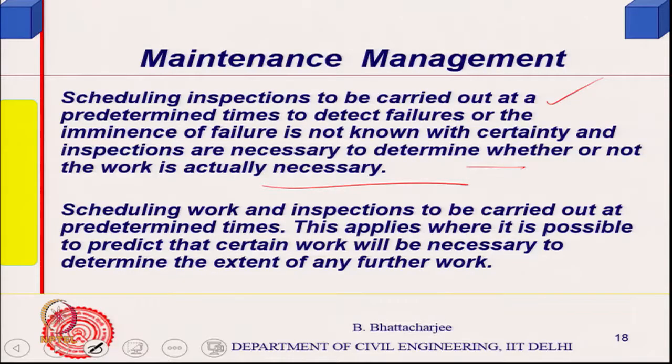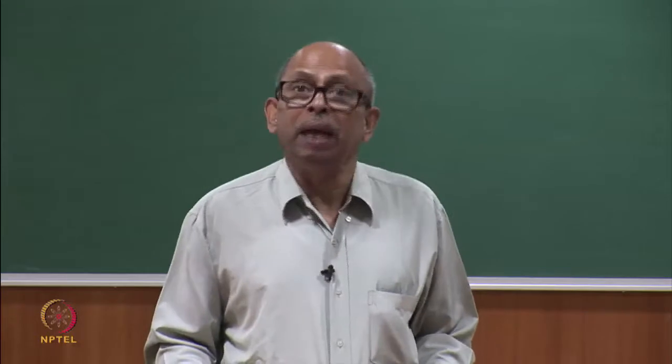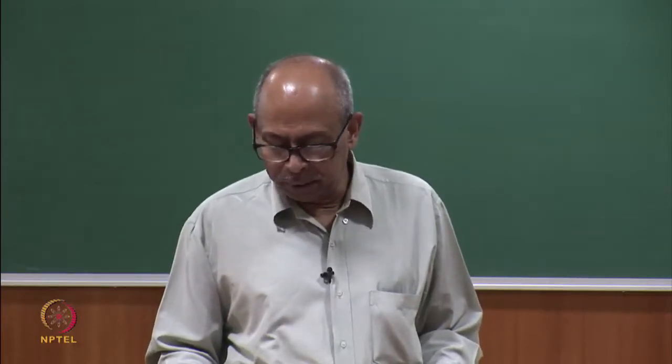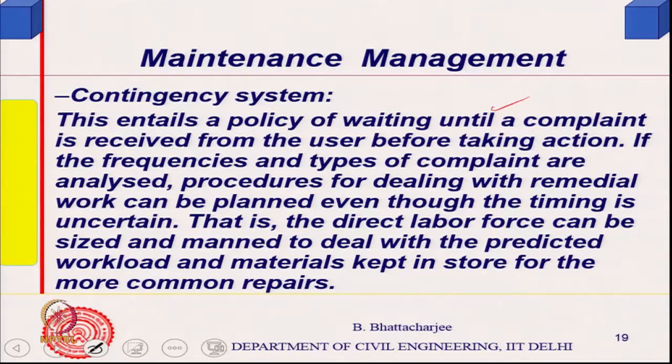Essentially, where I can predict the work, I will put them in schedule. Where I can't predict the deterioration or the time of my repair, I will put them in contingency. This is waiting till the complaint comes, and users have to be relied on for this.